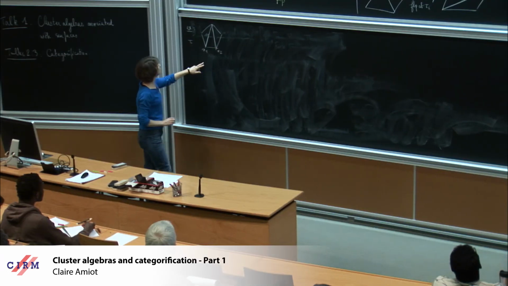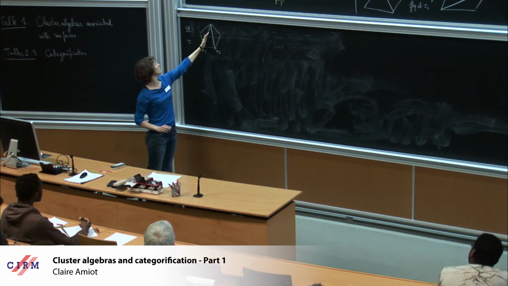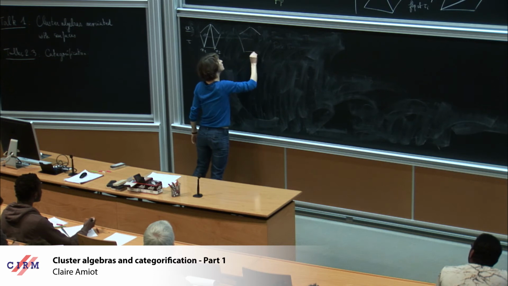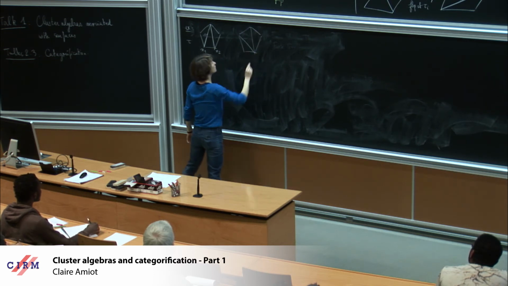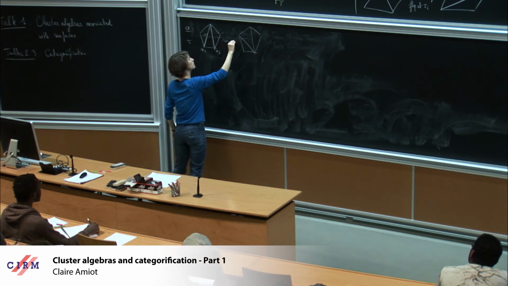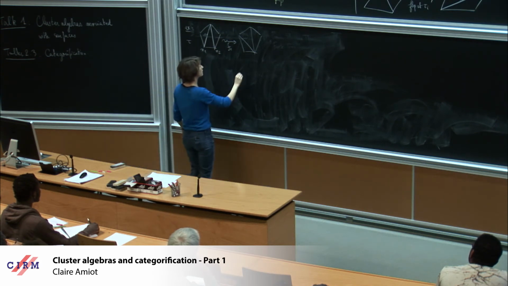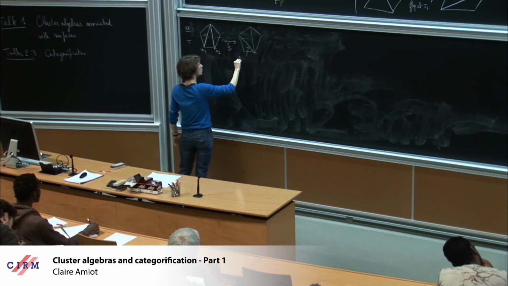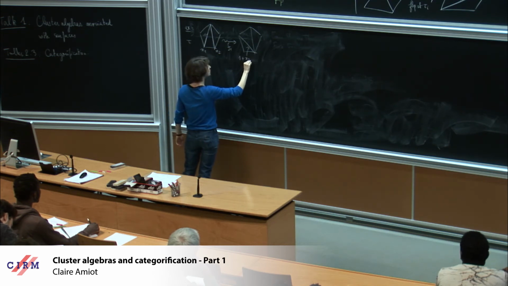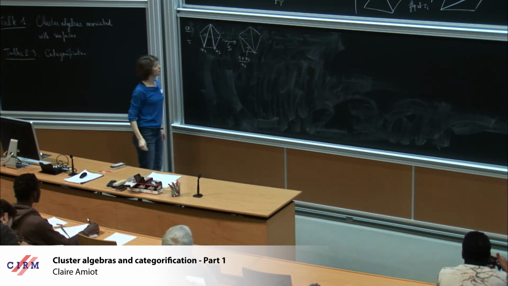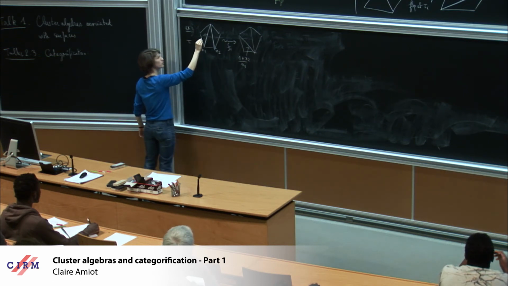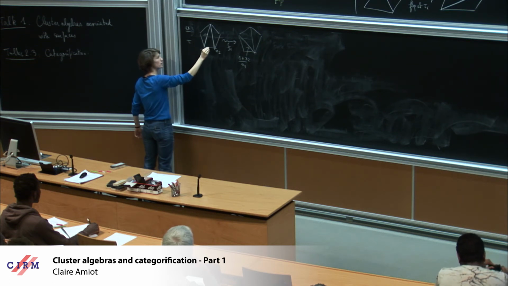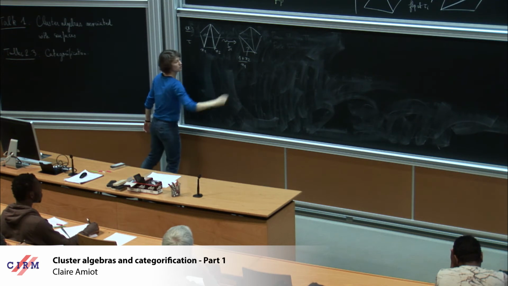If I flip this arc, I get the following picture. Then the x tau of this arc will be 1 plus x2 over x1, because you just have to multiply these two, x2 by 1 and 1 by 1, and then you divide by x1.